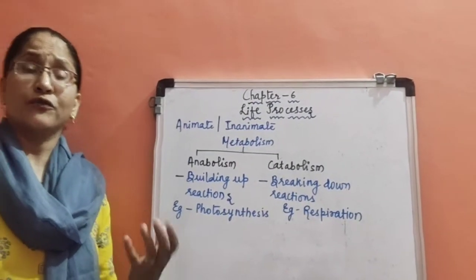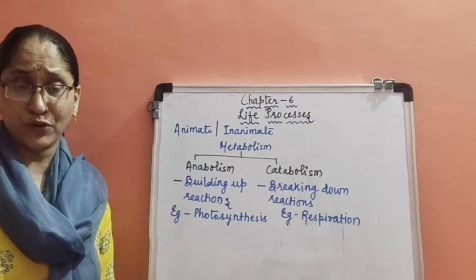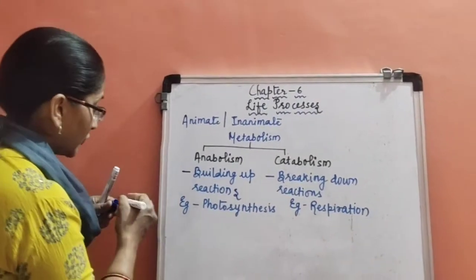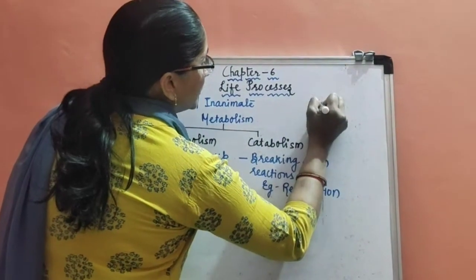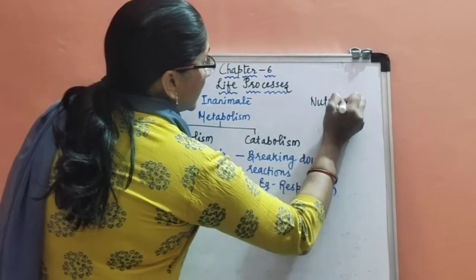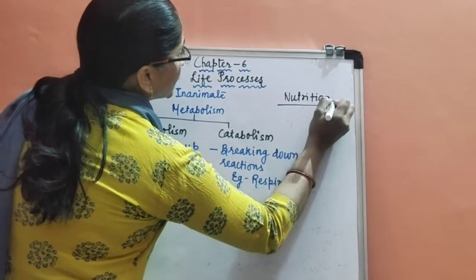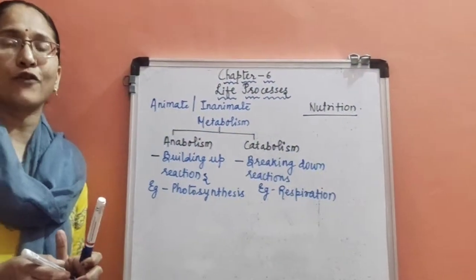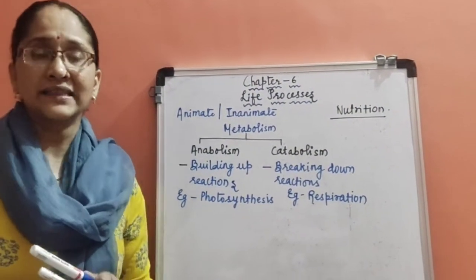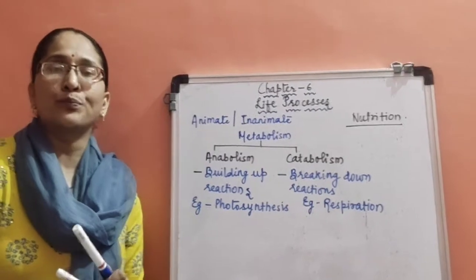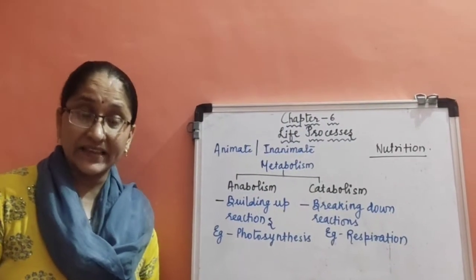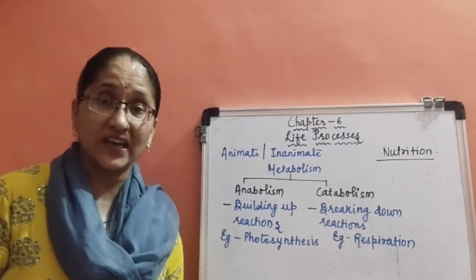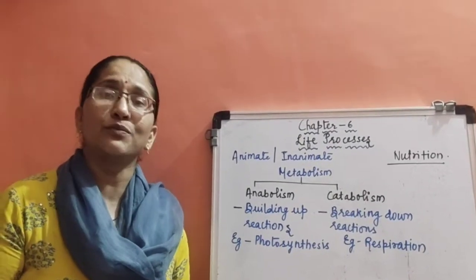So before we move on to the various other life processes, we'll talk about nutrition. Now what do we understand by the term nutrition? Nutrition refers to the process of intake of organic or inorganic substances so as to produce energy in the form of ATP. And ATP, that is adenosine triphosphate, is the energy currency of the body.